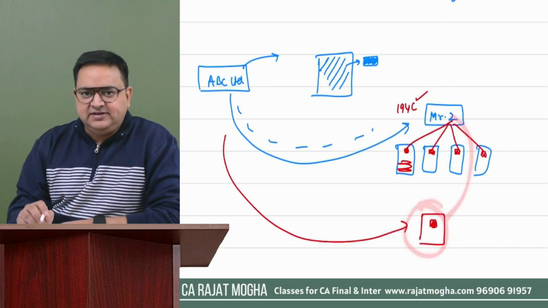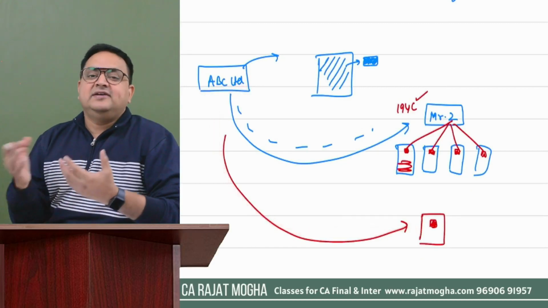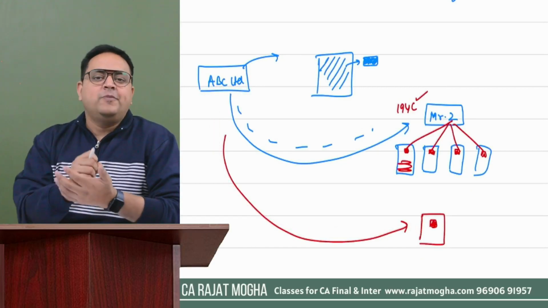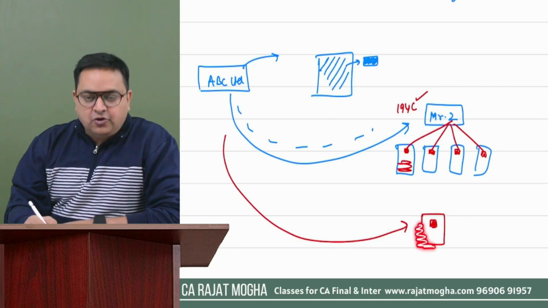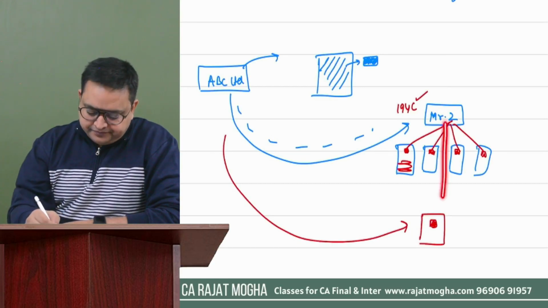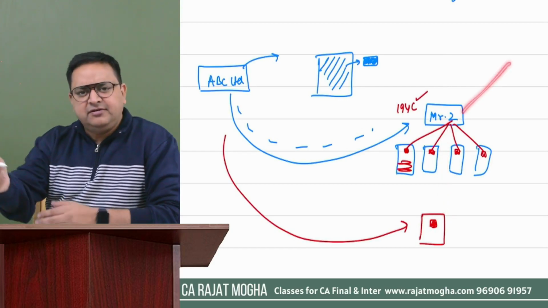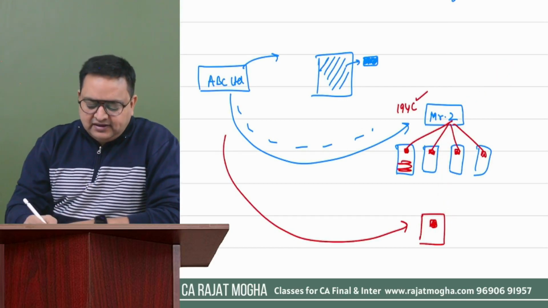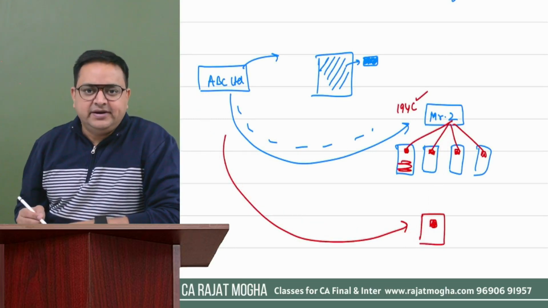Mr. Z will arrange these diaries. So ABC Limited has given the specification, and Z will purchase the diaries from somewhere else, print the logo, and then supply these diaries to ABC Limited.